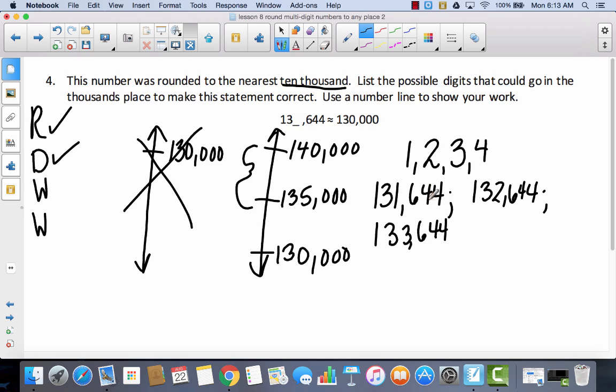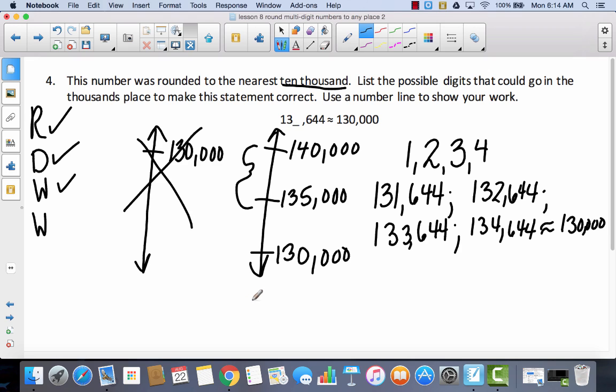I skipped. Nope, I got one more, sorry. And then 134,644 are all about 130,000. So that would be our number sentence.